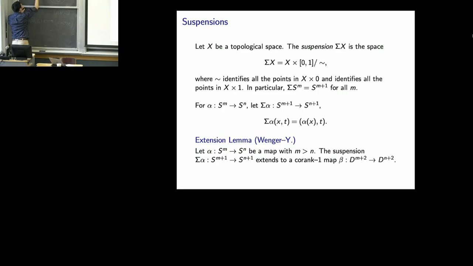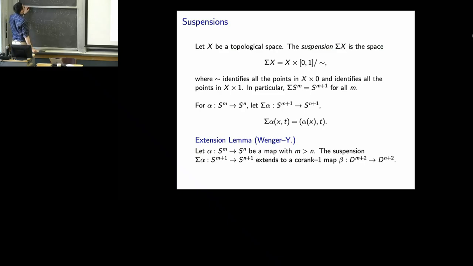It's going to send the North Pole of this little ball to the North Pole of this, and the South Pole to the South Pole, and same for all these others. It's going to send the equator of this to the equator of this. It's going to send lines from the North Pole to the South Pole to lines from the North Pole to the South Pole. This map sends the boundary of the big cube to the boundary of the disk by the suspension of alpha, and sends the boundary of qi to the boundary of di by a rescaling of the suspension of alpha.